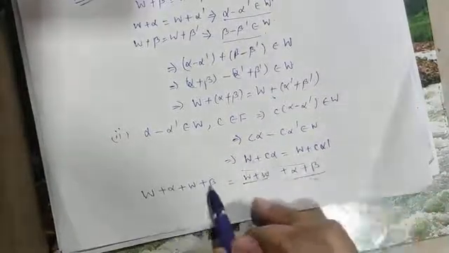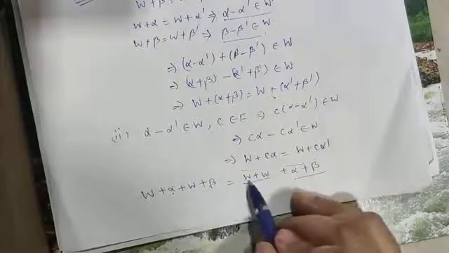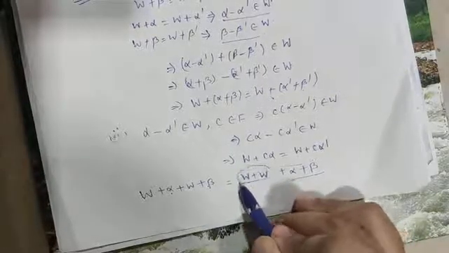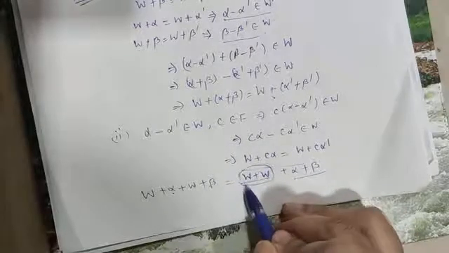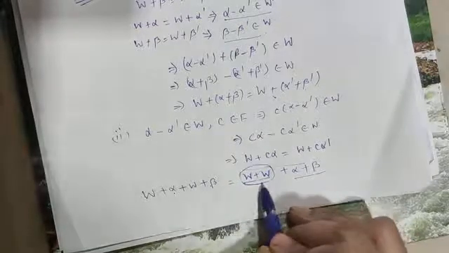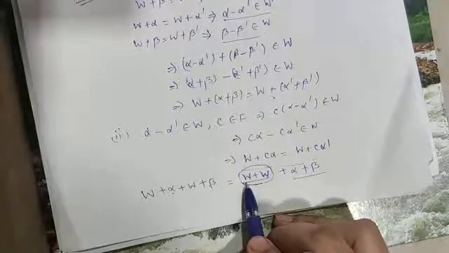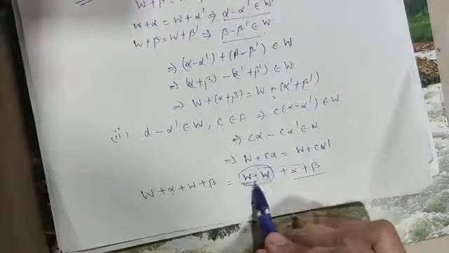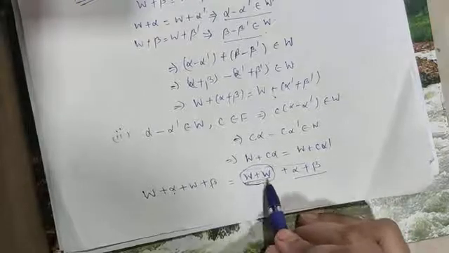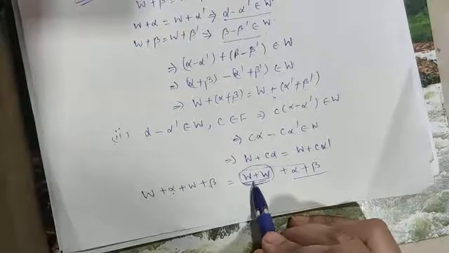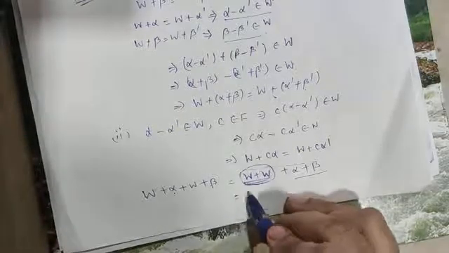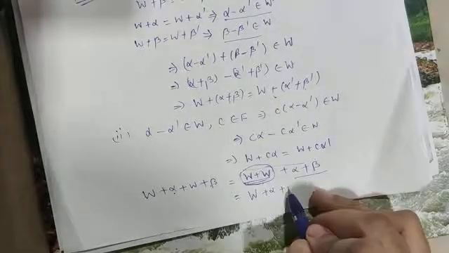Now here alpha and beta are elements of V, and as I told, W is a vector space, so if we consider this part, then this will again give an element of W. So this is equivalent to W plus alpha plus beta.